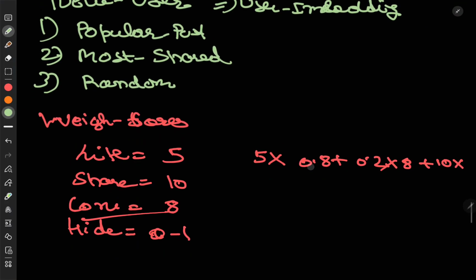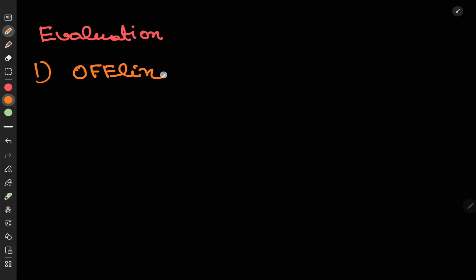Now coming to the part where we need to evaluate this model. For evaluation of the model, there are two things. First is offline evaluation. What does this mean?